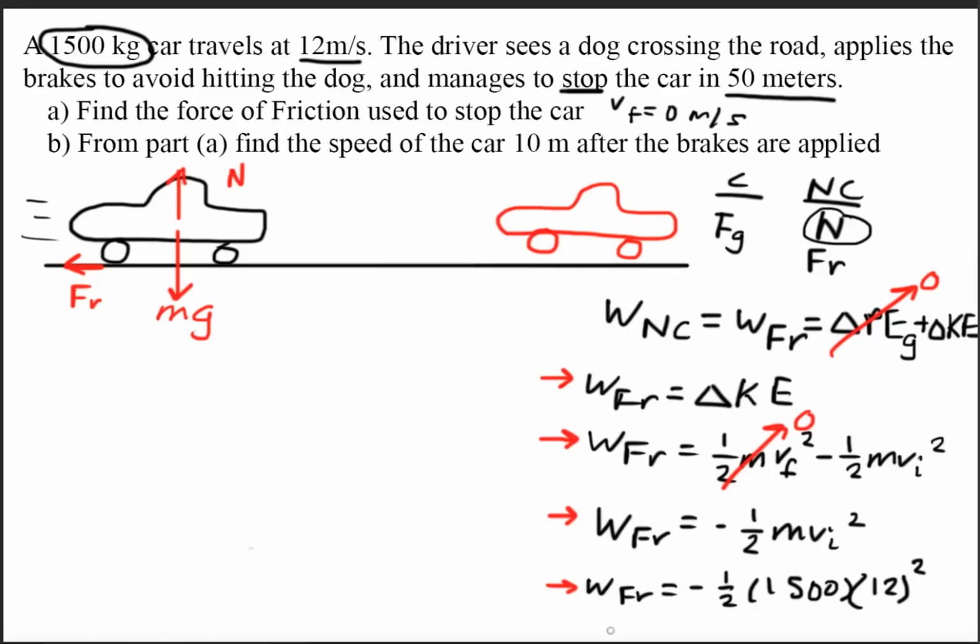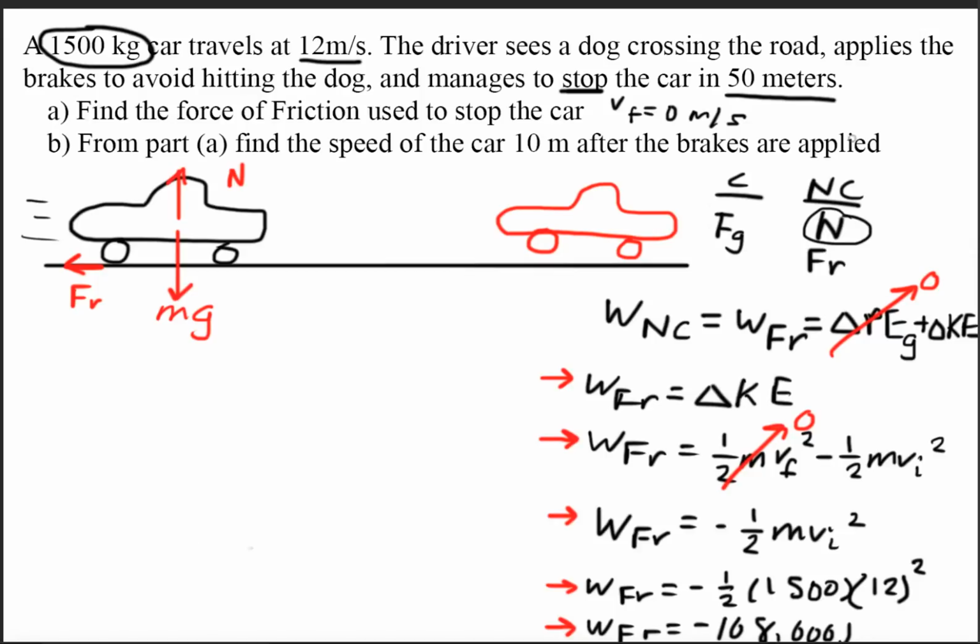And if we decide to fully solve this, the work done by friction is equal to negative 108,000 joules. So we're done, right? Not necessarily. That only gives us the work done by friction. The question is asking to find the force of friction.